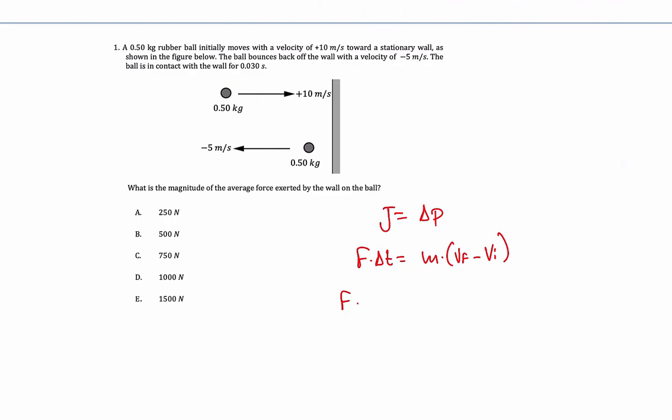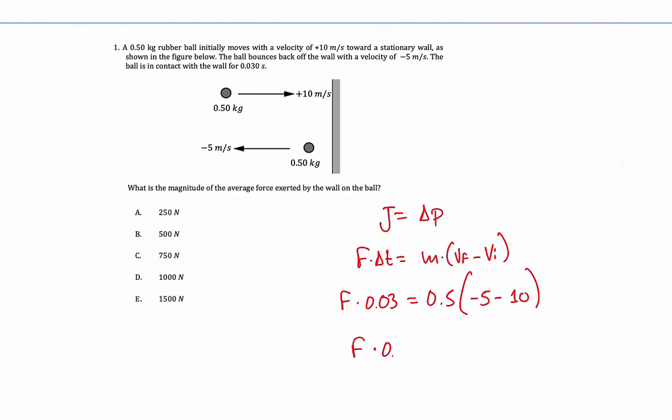We don't know the value of the force, but the duration of the collision is 0.03, the mass is 0.5, and the velocity final, carefully, is -5 minus the velocity initial, which is +10. Direction is important. Even if it doesn't give us the minus sign for the -5, we need to insert it ourselves in the calculation.